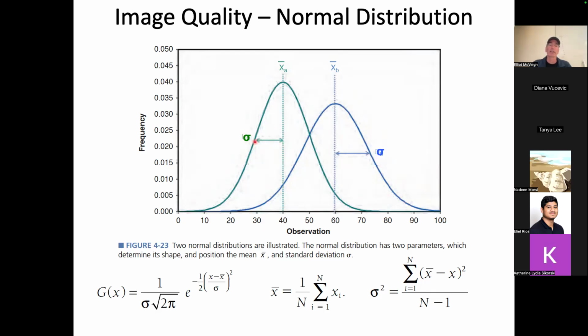That's quantified by this parameter sigma, which is the mathematical function that describes both of these curves. We have a sigma value for the green, and we have a mean value here. And now we look at our target, and it has a higher mean signal value, but some of the pixels inside our target actually have pixel values that are less than the mean value of the background, right?